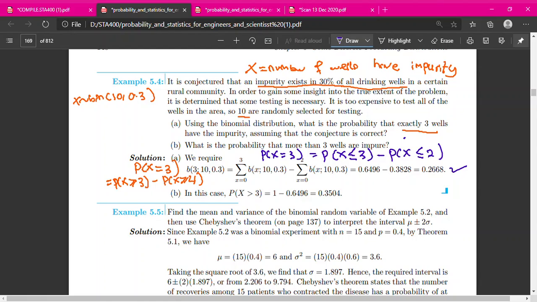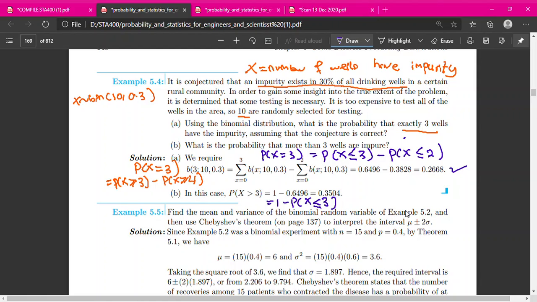Okay, untuk soalan kedua contohnya, what is the probability that more than 3 wells are impure? So, more than 3. Kalau nak gunakan table less than, so kena tukar menjadi 1 minus probability of X less than or equal to 3. Sebab ni 3 tak termasuk.